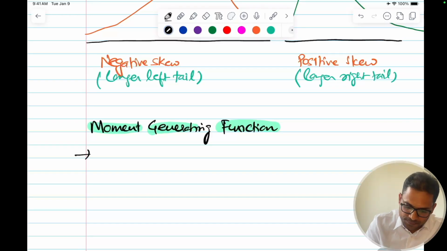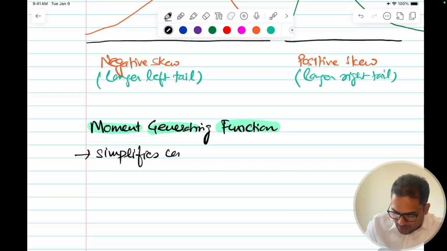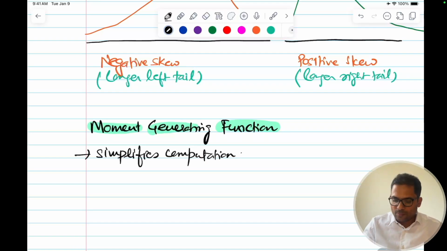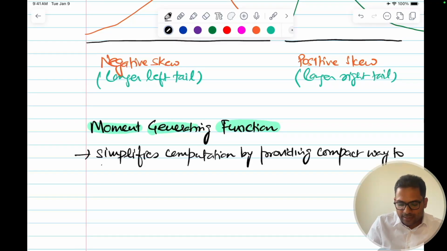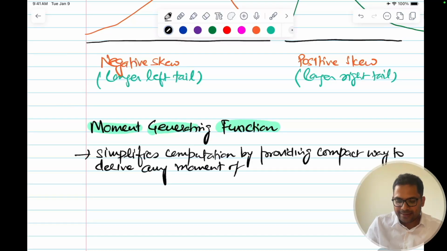So this simplifies computation. Whatever I told you, I'll just write that. By providing a compact way to derive any moment of a random variable, RV, through differentiation.